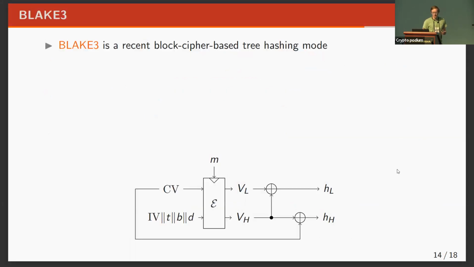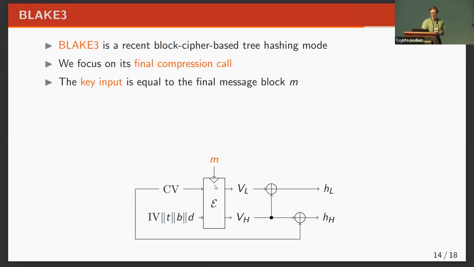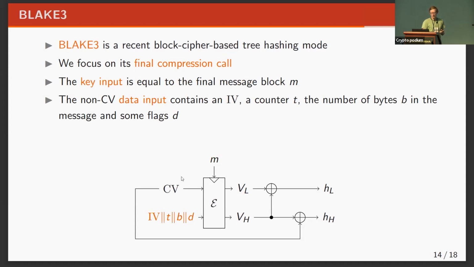So a major application is Blake 3, which is a recent block cipher-based tree hashing mode. And for this talk, we will focus on the final compression call. So it looks like this. And what we see is that the key input is equal to the final message block M. And the data input consists of a chaining value. And for the other part, it contains an IV: a counter T, the number of bytes in the message, and some flags.